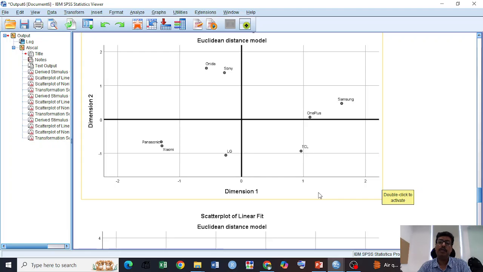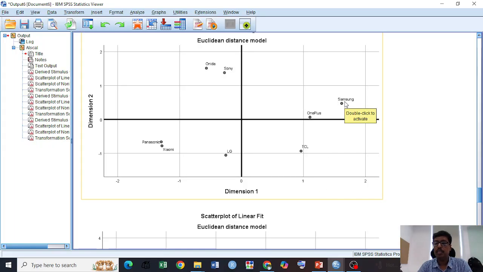So you can have a very basic understanding, and on top of it you can put the attributes, but we are not considering attributes at this point of time. So with multidimensional scaling, we can see how brands are positioned in terms of a particular dimension, and where someone is in close competition.